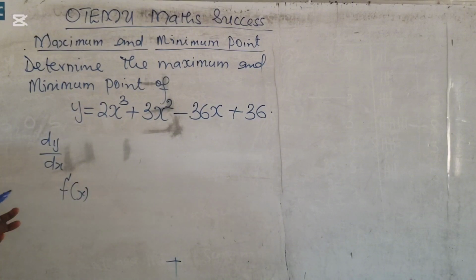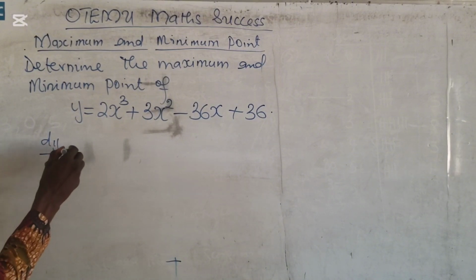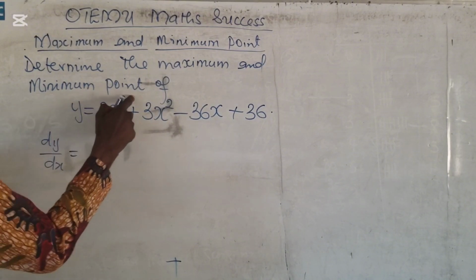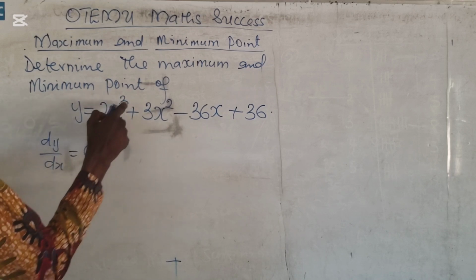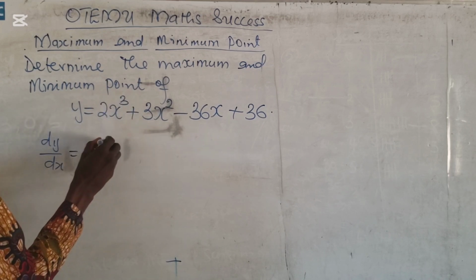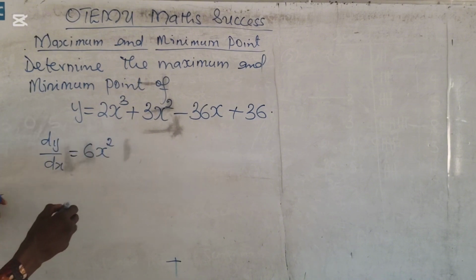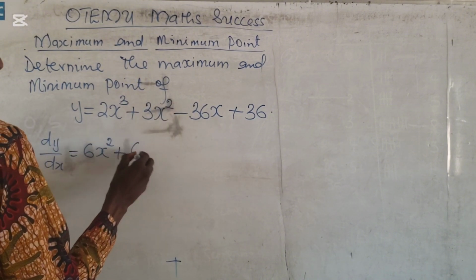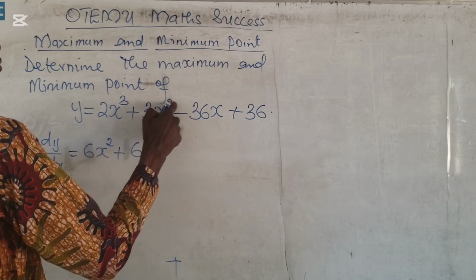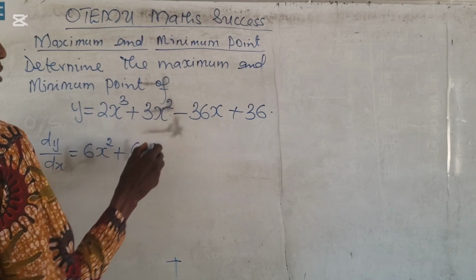It is equal to 3 times 2 is 6, then 3 minus 1 is 2, which is 6x raised to the power 2, plus 2 times 3 is 6. 2 minus 1 is 1. So yes, x to the power 1, don't write it.